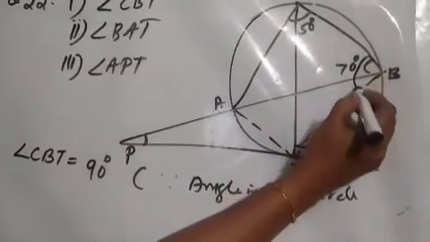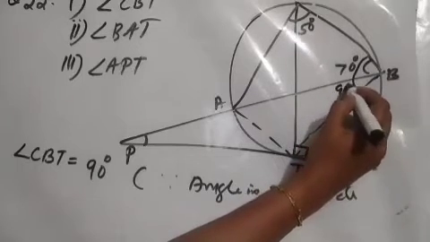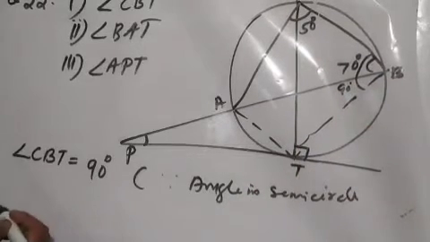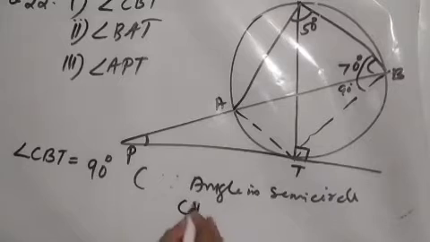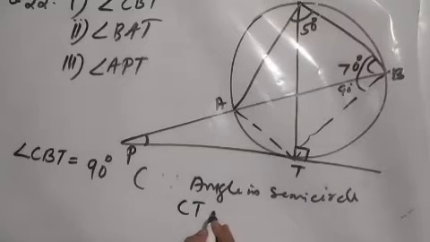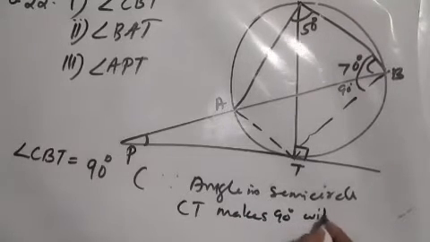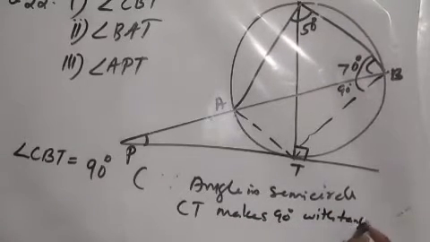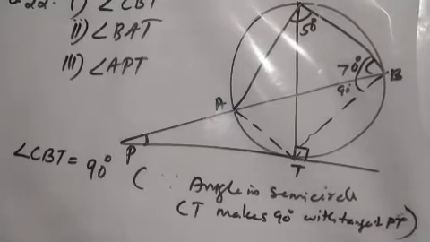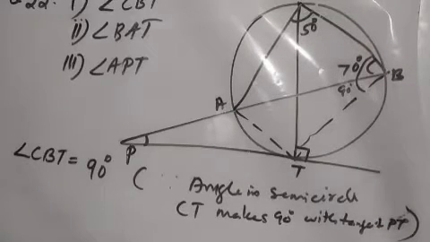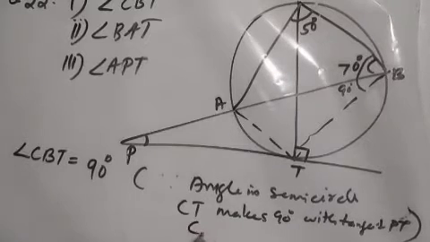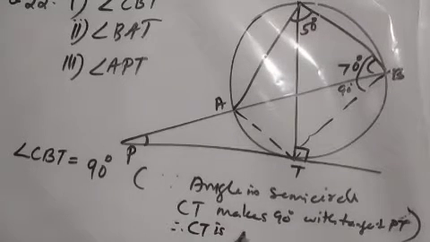What is the reason? Reason is angle in a semicircle. CT makes 90 degree with tangent PT. It is given in the question. So CT is a diameter.